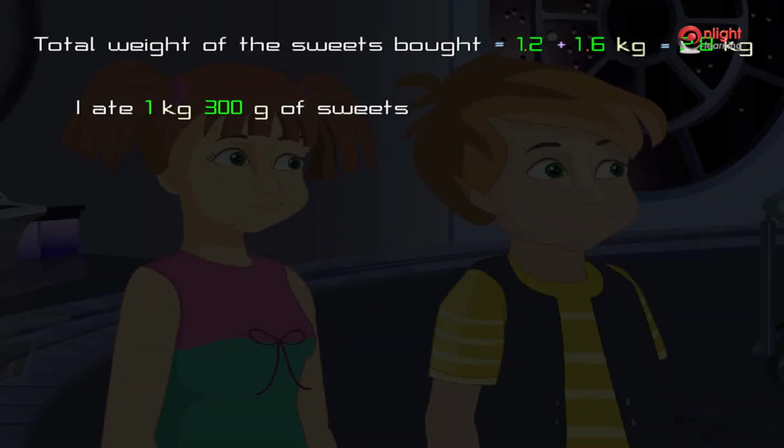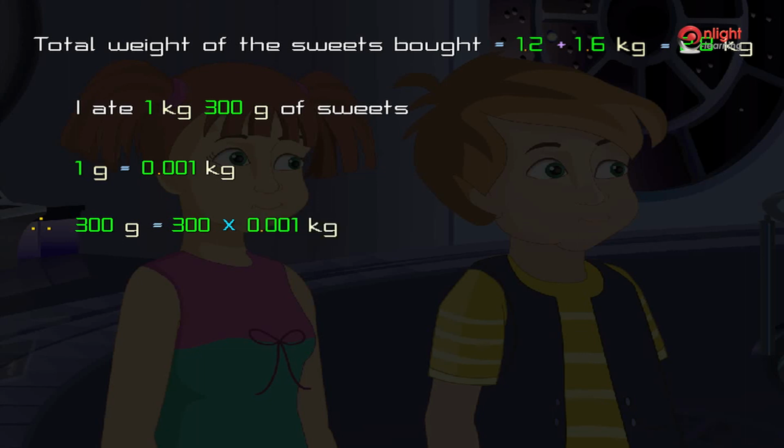Converting the quantity into kilograms alone, 1 gram is equal to 0.001 kilogram. Therefore, 300 grams is equal to 300 multiplied by 0.001 kilogram is equal to 0.3 kilogram. Therefore, 1 kilogram 300 grams is equal to 1.3 kilograms.